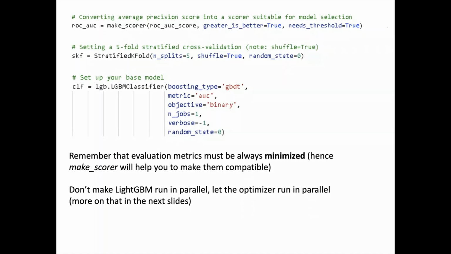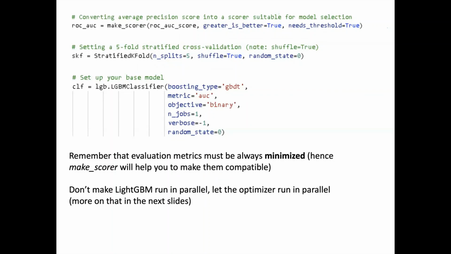And since Bayesian optimization works by minimization, it is a very good practice, of course, to know about your evaluation metric, but also to transform it using the make_scorer function from scikit-learn, which will convert all your evaluation metrics, no matter if they are for minimization or maximization, in a unique way.